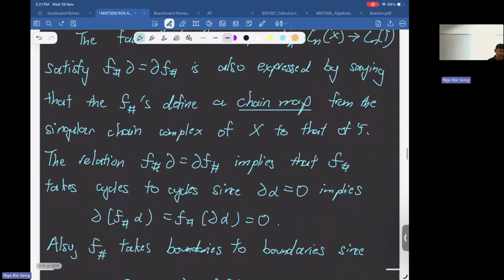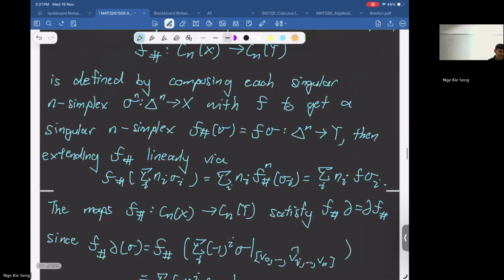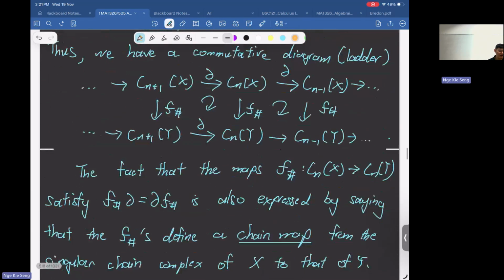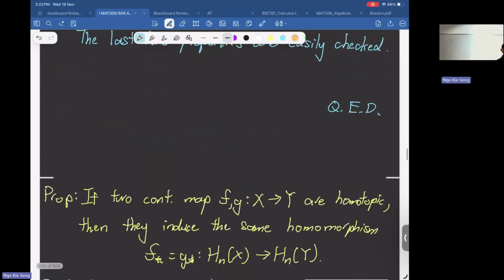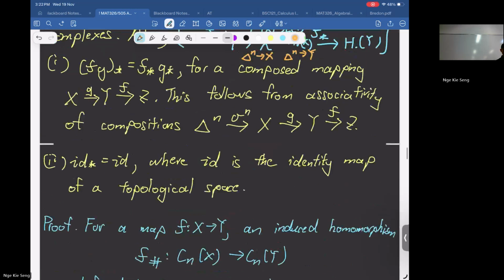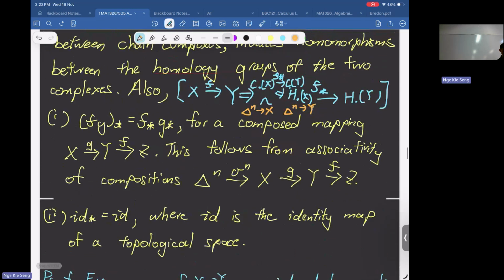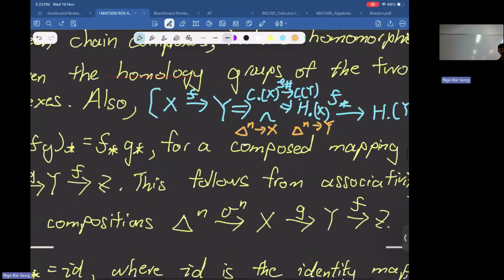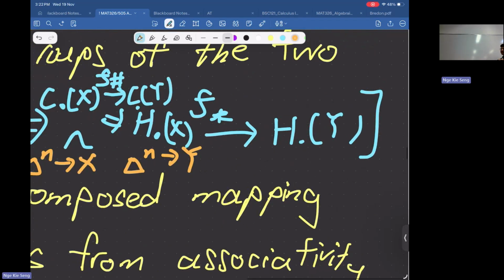Let's see, how should we start this? Okay, how do you check well-definedness? What do you think you should check for well-definedness? So well-definedness actually occurs at the homology level, right?